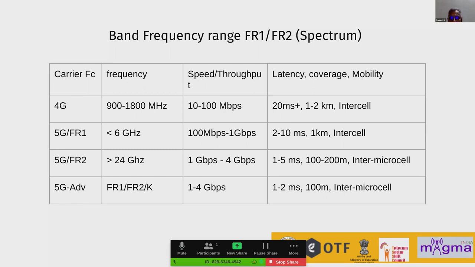At some point of time, we'll get the ability to go from 5G to 5G advanced, and there you are expecting a latency of 1 to 2 millisecond and a 100-meter range, not multiple hundreds, but just 100 meters. And so obviously intermicrocell mobility has to be attained here. So this gives you the band frequency range, spectrum and spectrum allocation aspects, and technical terms.